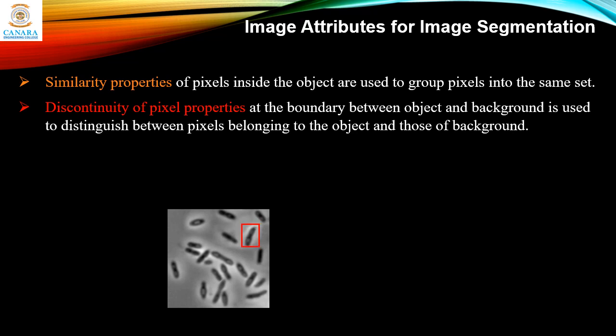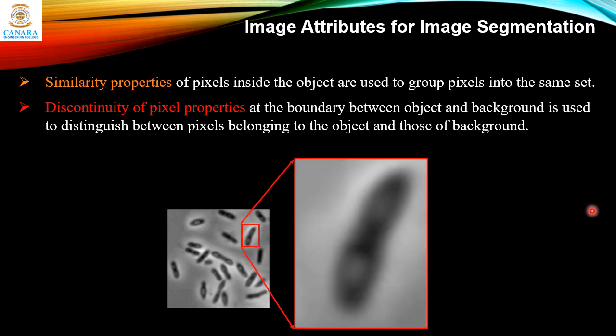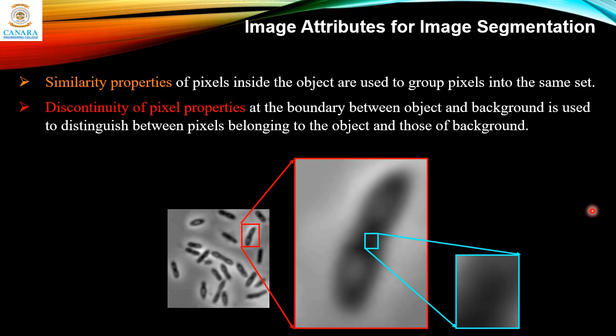Here is the example. So we'll consider the same object that we considered in the previous slide. So here is the extracted one, a zoomed in version. Now this portion gives you the similarity. Okay.